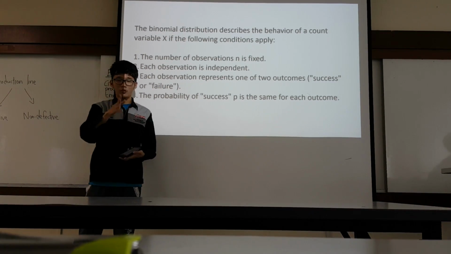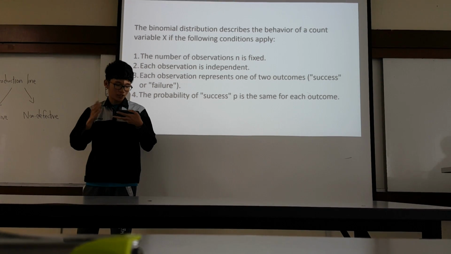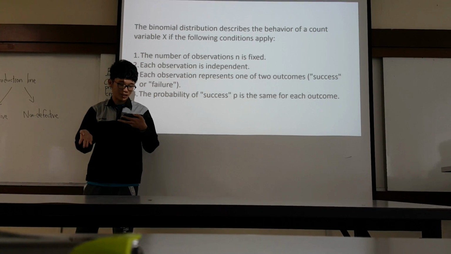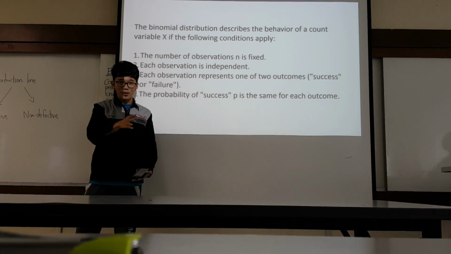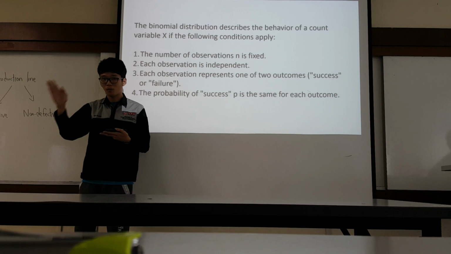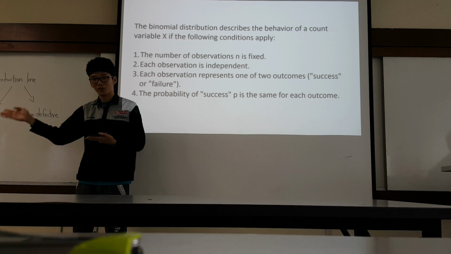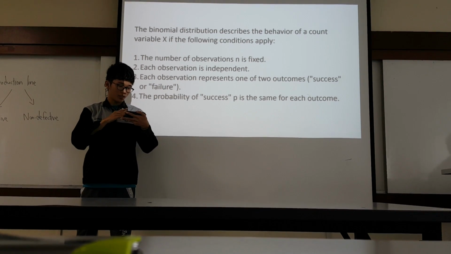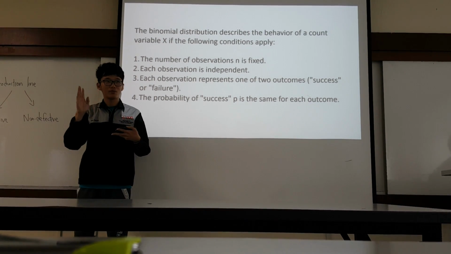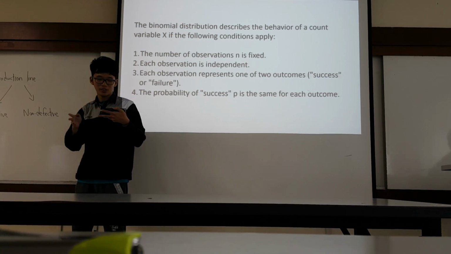Besides that, the binomial distribution is frequently used to model the number of successes in a sample of size n drawn with replacement from a population of size N. If the sampling is carried out without replacement, it is not binomial, because without replacement the observations are not independent. Sampling carried out without replacement is called a hypergeometric distribution.